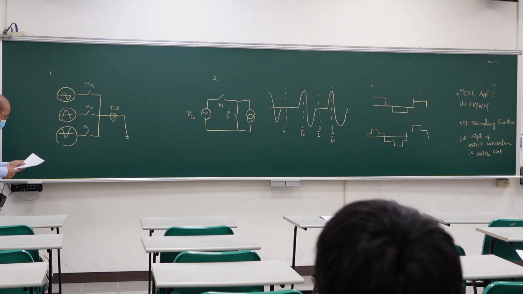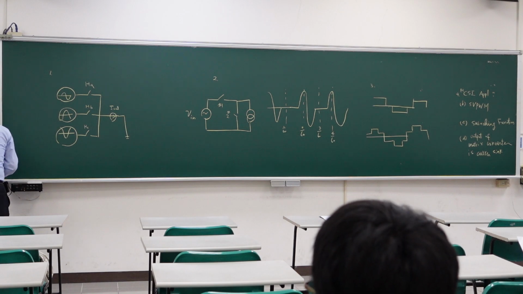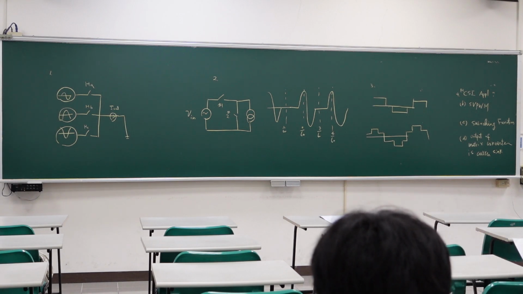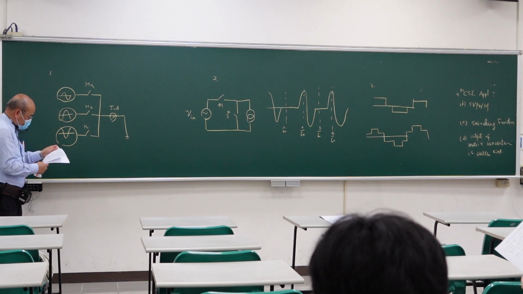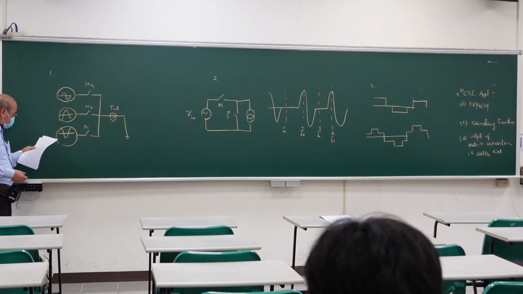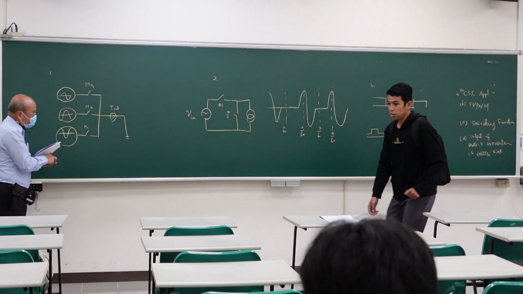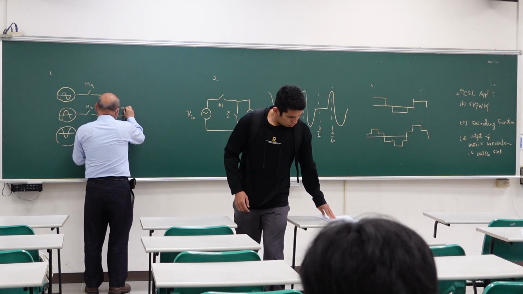So the first question. The three-phase rectifier is shown in figure 1. So this is figure 1. The current I out is a constant.